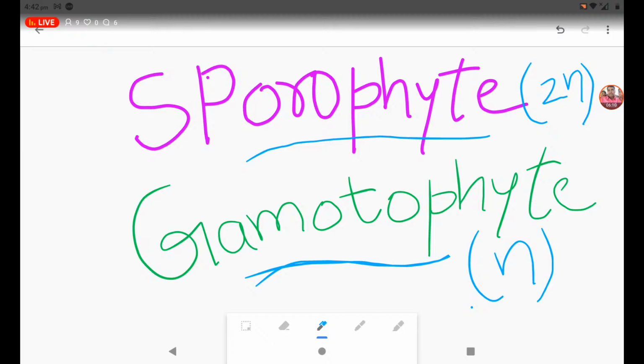In Pteridophyta, the Sporophyte is dominant because it exhibits true root, stem and leaves, which is the diploid condition. The haploid condition is the Gametophyte, which is called the prothallus.